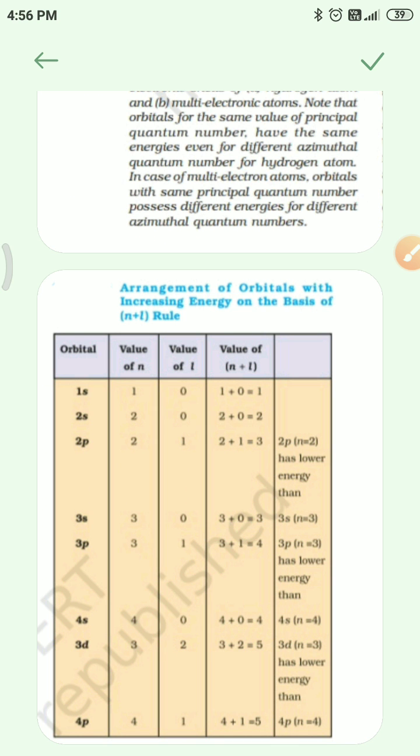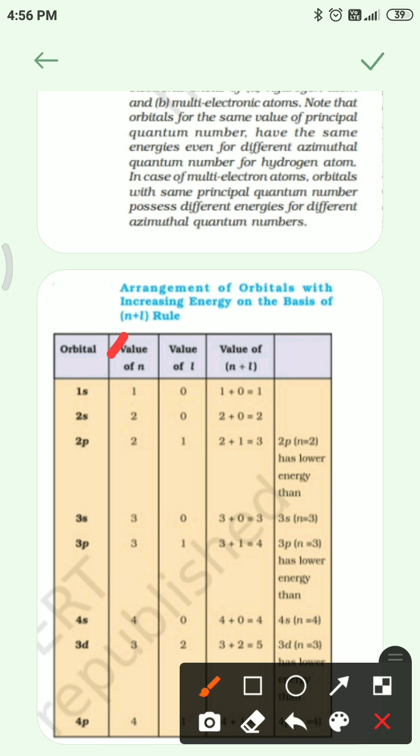So we can see the table here. For the 1s orbital, the value of n is 1 and the value of l is 0, so the total value of n plus l becomes 1. Same for the 2s orbital: n is 2 and l is 0, so n plus l is 2. In the 2p orbital, n is 2 and l is 1, so n plus l is 3.